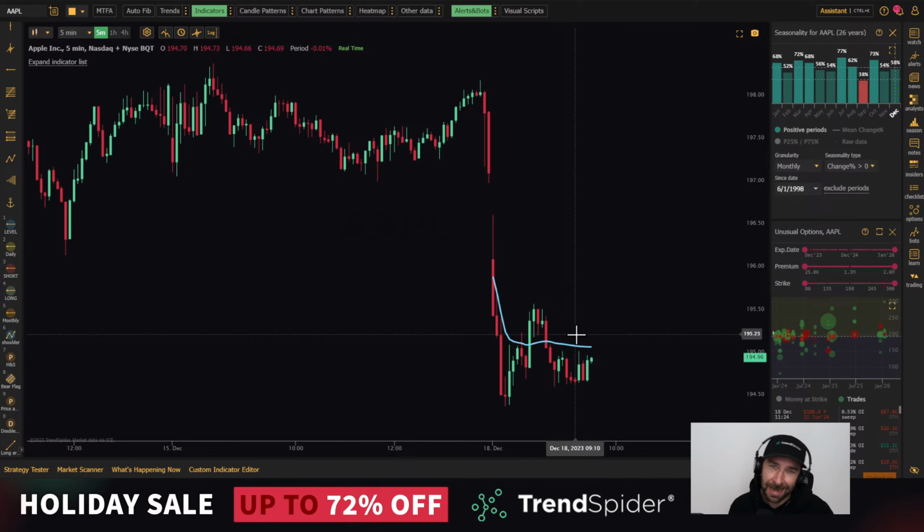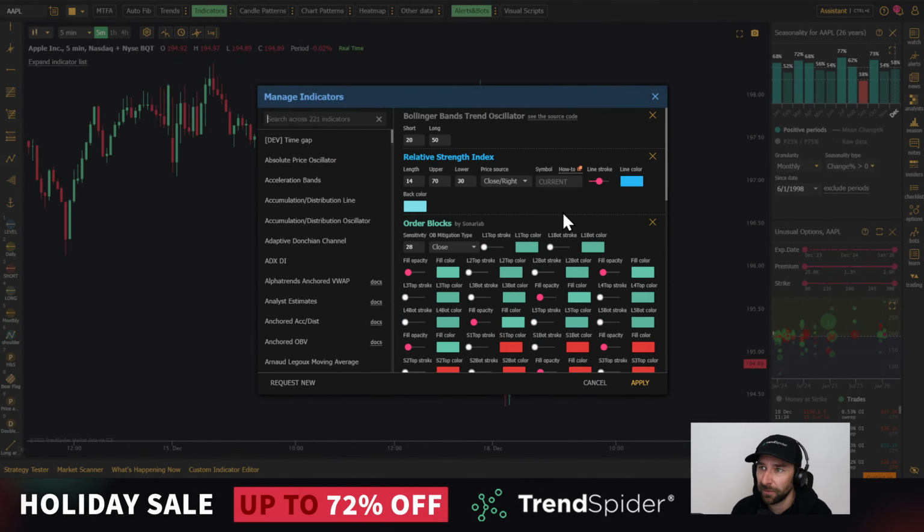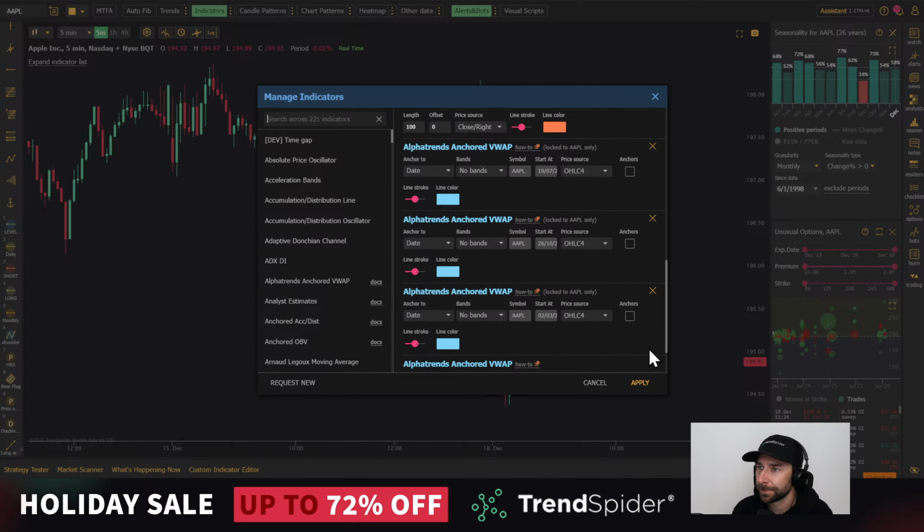Then when the next week opens, this is going to jump to the open of that candle. That's how the time ones work. They jump based off of whatever time you have defined.